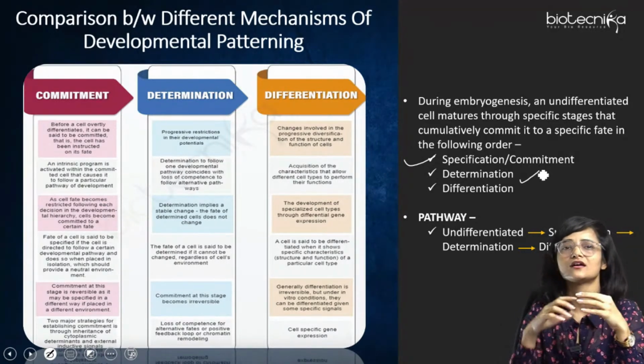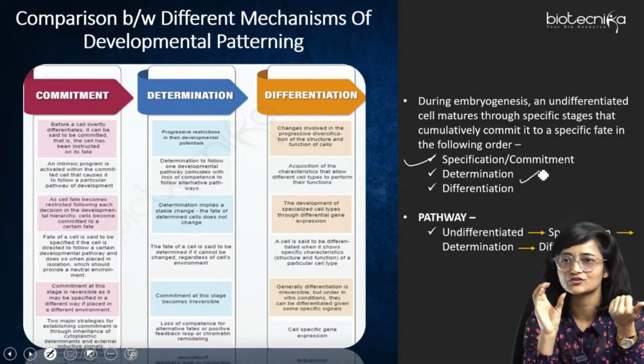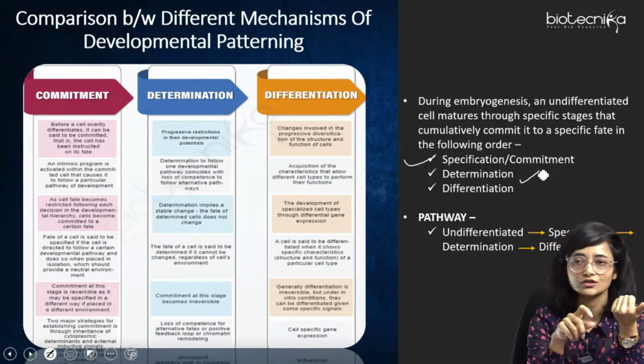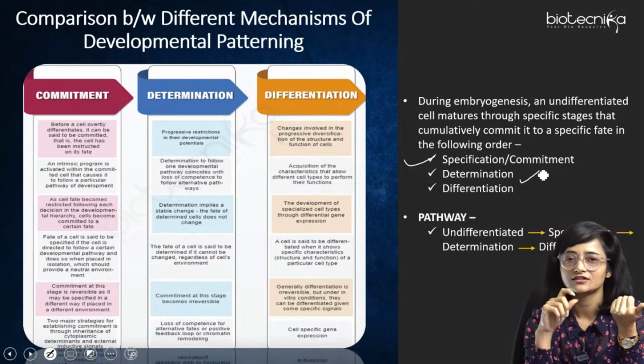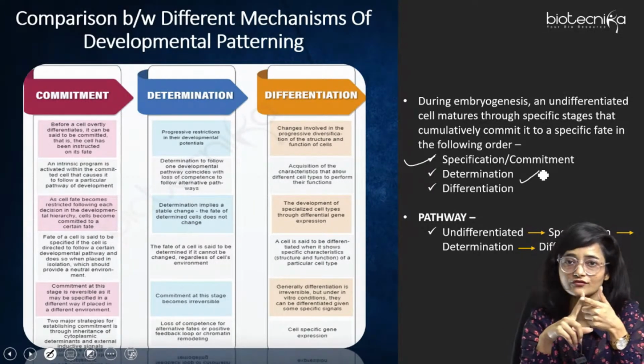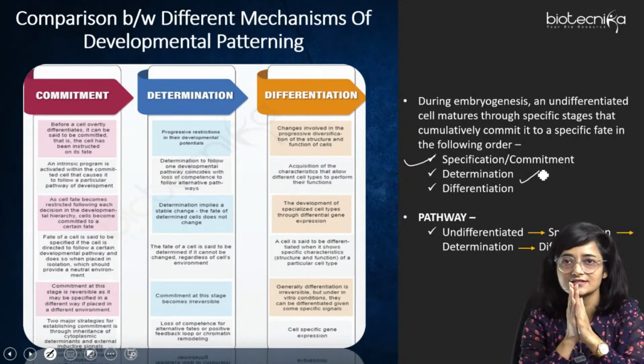What happens in the chromatin remodeling is that only a particular part of the DNA is there which would be expressing itself. So that is why those cells which have to produce the muscle cells, they only produce the muscle cells. They do not produce the neural cells, because the genes which are expressing are basically for the production of muscle cells. They are not for the production of the neural cells. So this is how the determination basically takes place.